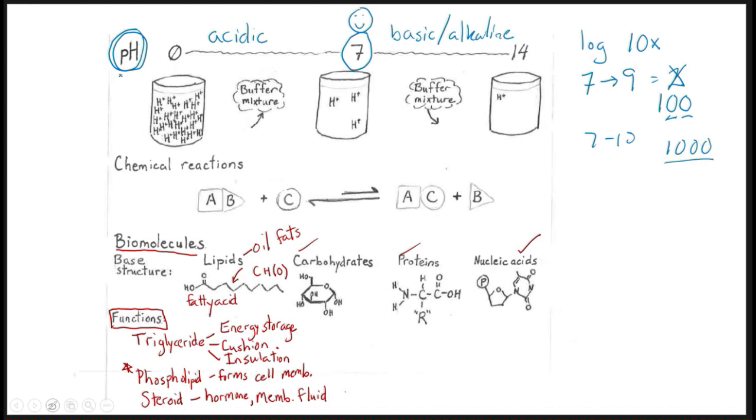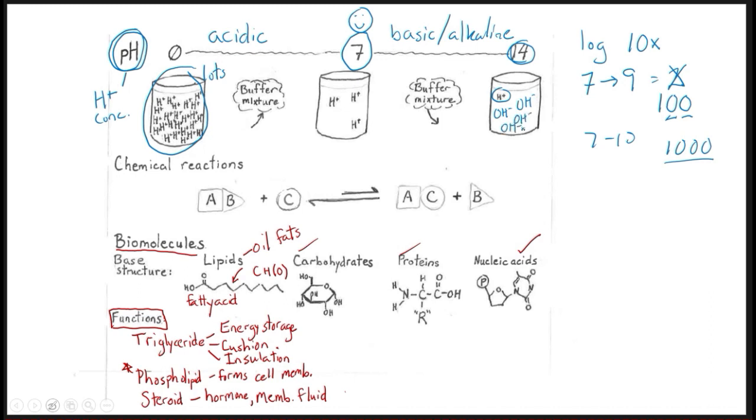1,000 times what? 1,000 times the hydrogen ion concentration. That is what pH is measuring. So over here on the acidic side, there's lots of hydrogen ions. And over here on the basic end, there's very, very few. There's lots of hydroxide ions in solution.